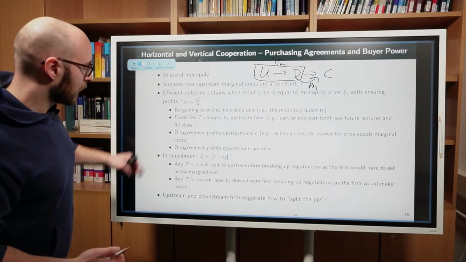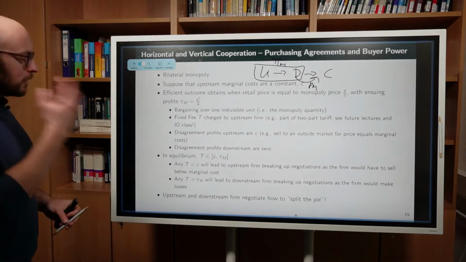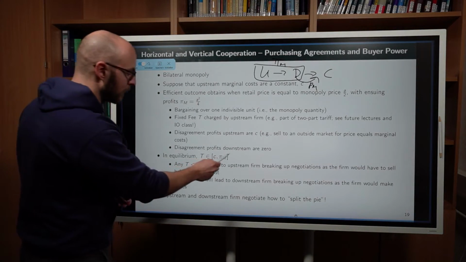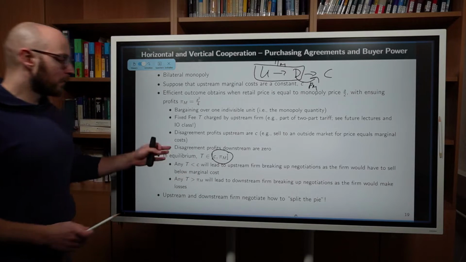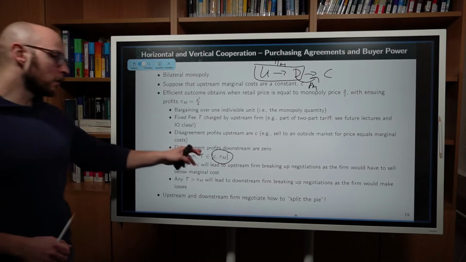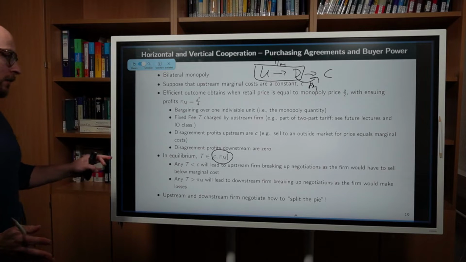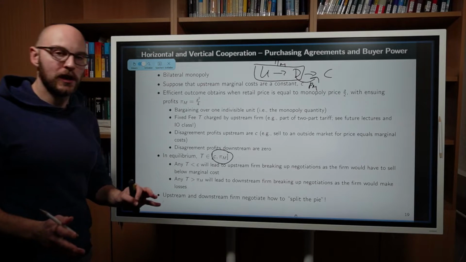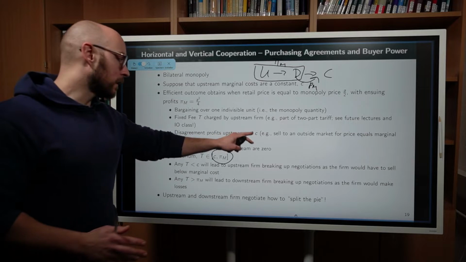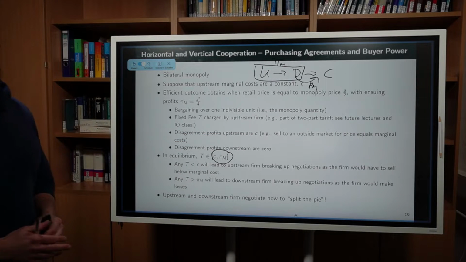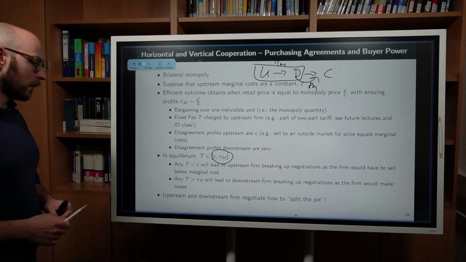Now if we look at the equilibrium tariff, then this equilibrium tariff will be in that interval. If the equilibrium tariff would be below C, then the upstream firm would be better off breaking up negotiations, as it would sell below marginal cost, basically, or opportunity cost.